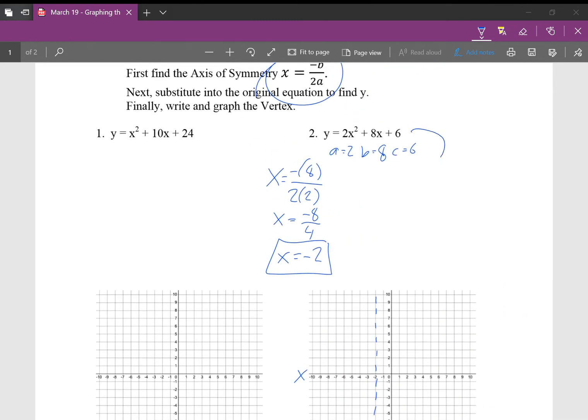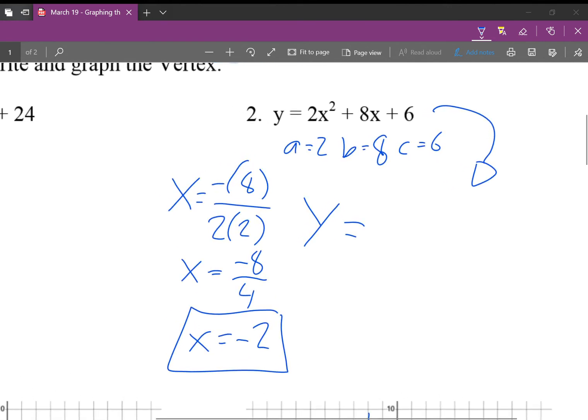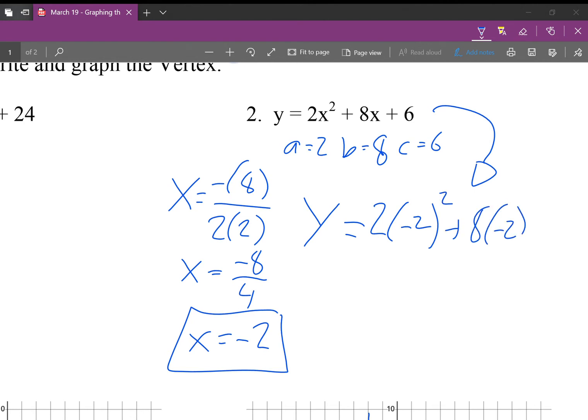I'm going to take my original equation, y equals, and where I see x, I'm going to plug in negative 2. So I'm going to have 2 times negative 2 squared plus 8 times negative 2 plus 6. Then order of operations says exponent first, so I'll leave that 2 alone.